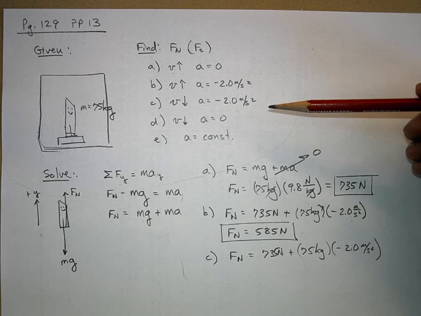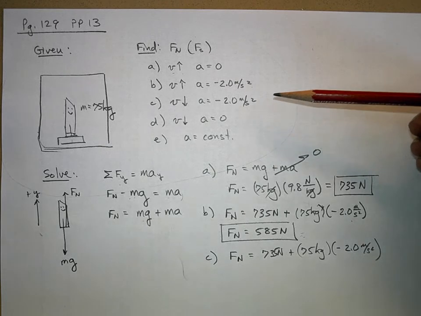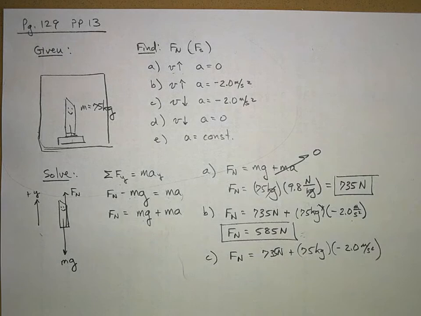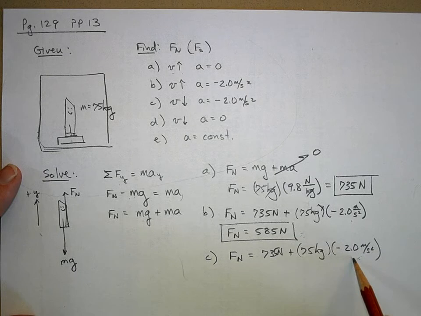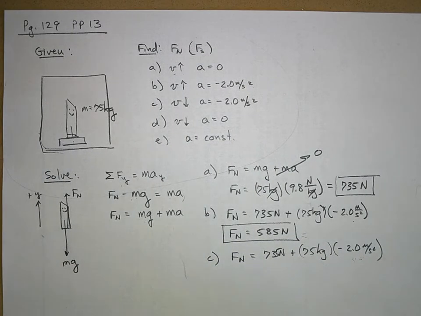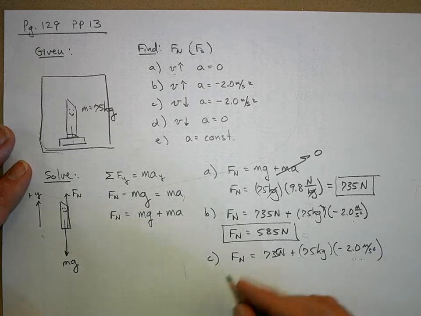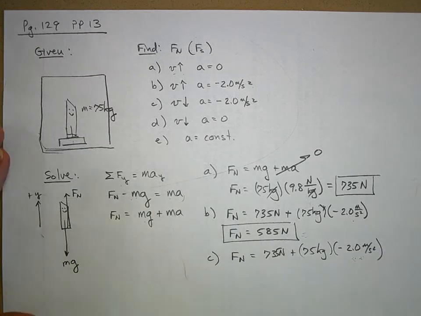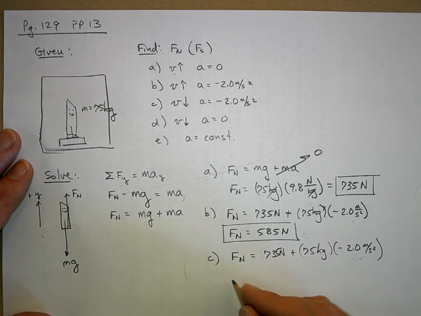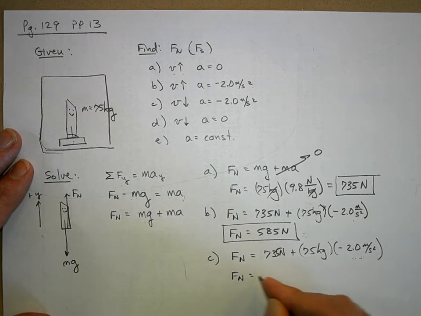The elevator's starting to move down faster and faster. You also feel like when you're at the top floor and the elevator starts going down, you feel a little bit lighter. That's because the acceleration is down. So you don't need as much normal force. You need a net force that's downwards. So your normal force will be less than your weight so that you have a net force that's downward. And this is just going to be the same.